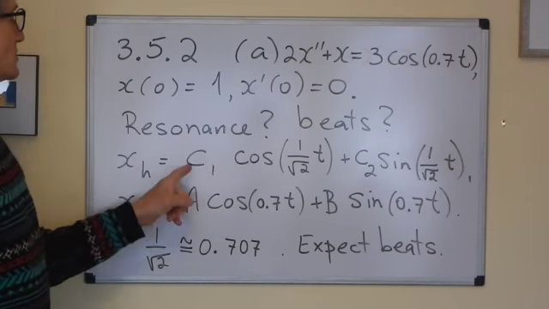The square root of 9 over 4 is 3 over 2. So the homogeneous solution is some constant times cosine 3 over 2 t plus some constant times sine 3 over 2 t. And sine 3 over 2 t is exactly what we have on the right-hand side. And so we are expecting resonance.